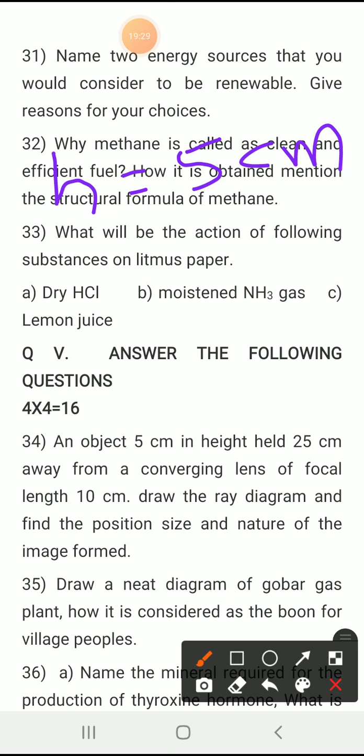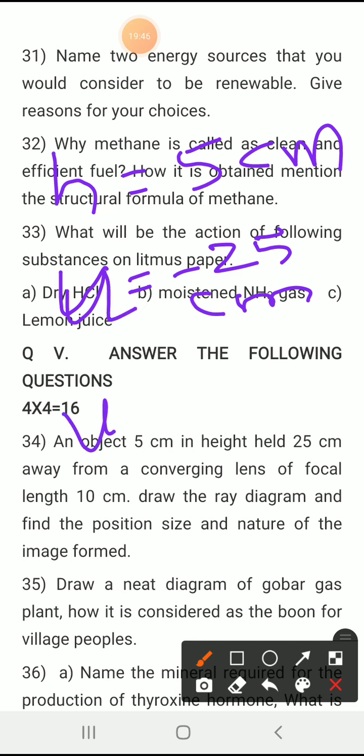The object distance we always take as negative, so u is equal to minus 25 centimeters. The image distance we take as positive, so v is equal to question mark. So I know the formula.